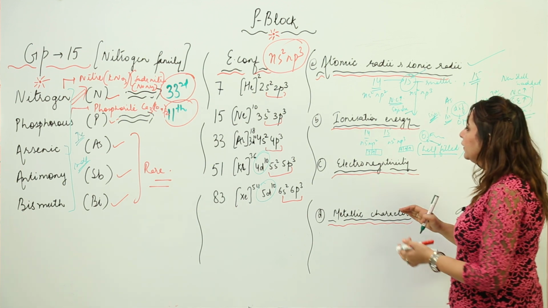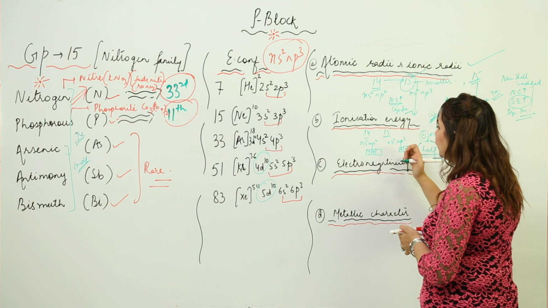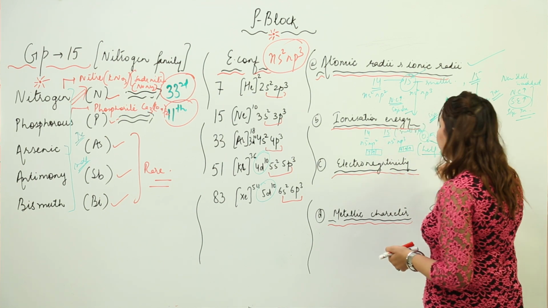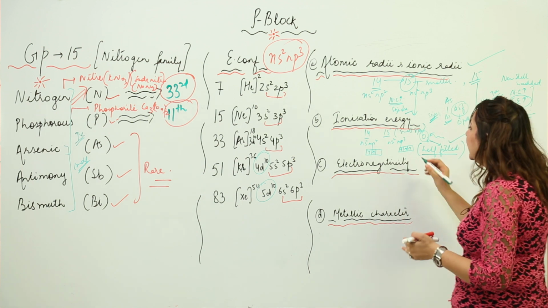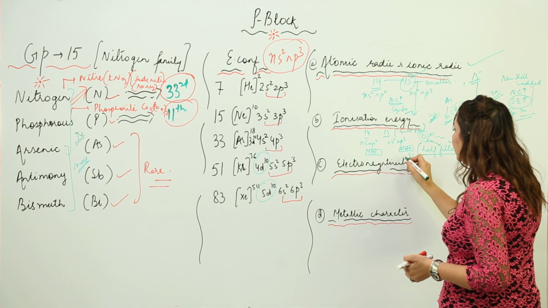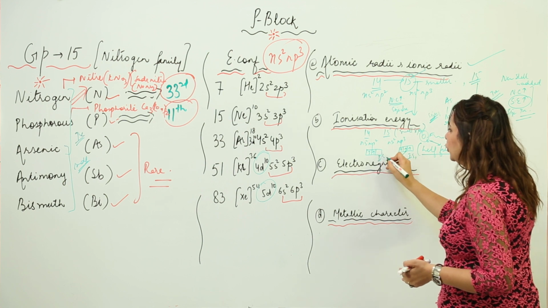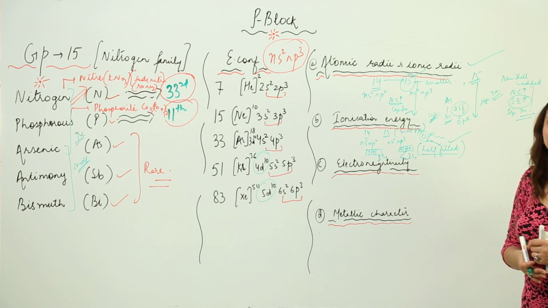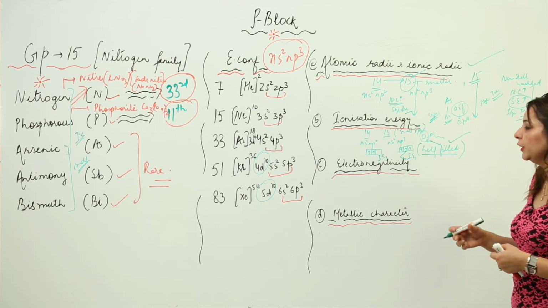So due to their smaller size and half-filled stability, their ionization energy is greater than that of group 14. So this is how you are going to compare the ionization energy of 14 and 15. How are you going to answer?